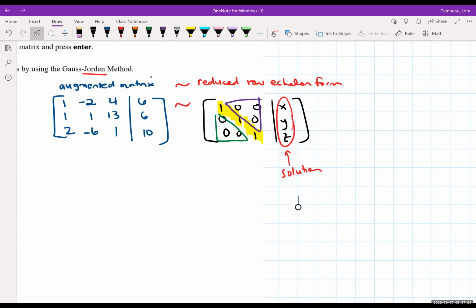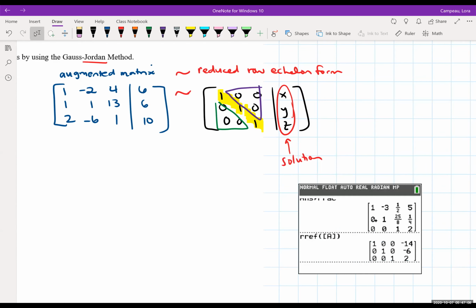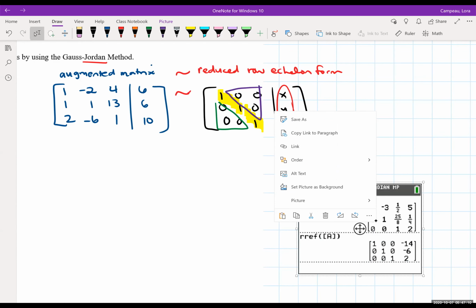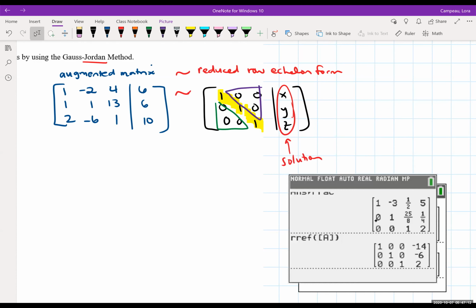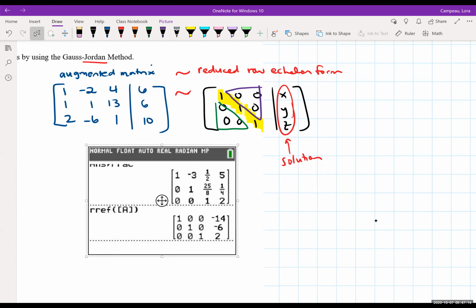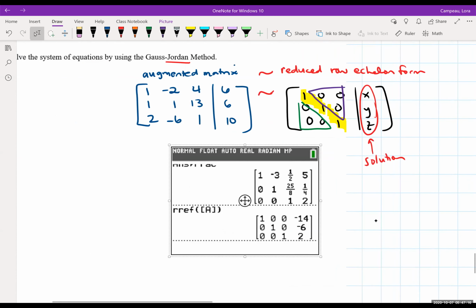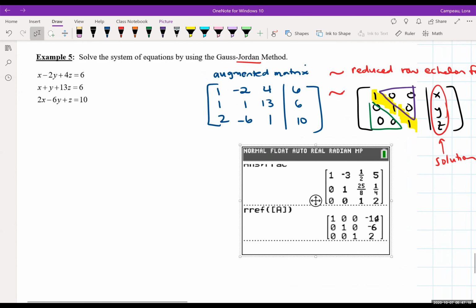I'd just like to make this a little bit larger for us. And will it go on top? Oh, it will. Look how much it surprises me sometimes. Love this technology. Okay, so again, we have that diagonal of ones, a lower left triangle of zeros, an upper right triangle of zeros, and now we have our solutions right away.